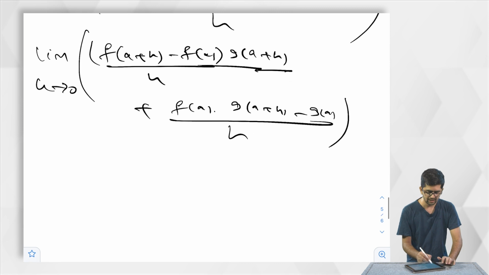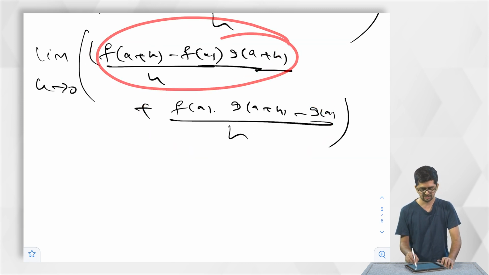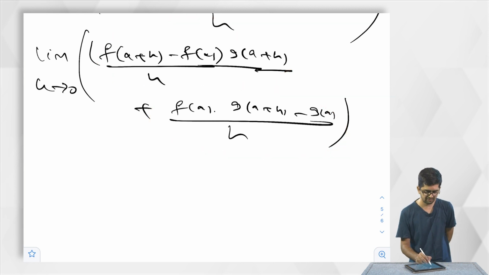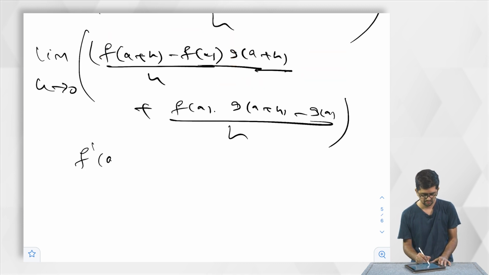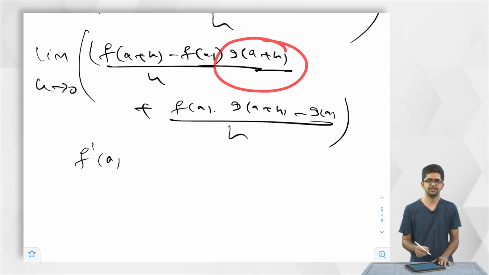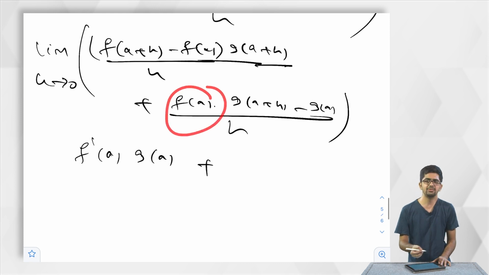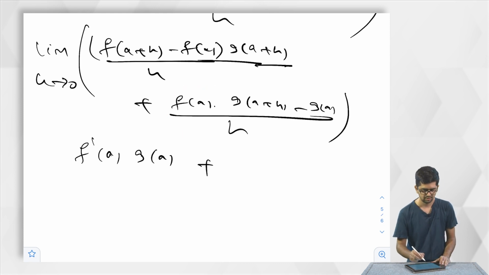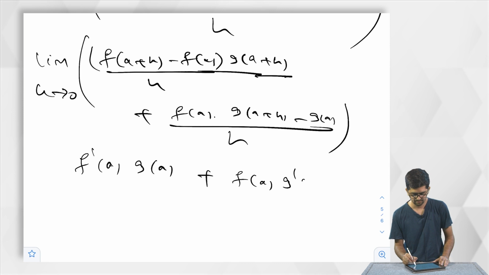So limit of this plus this is equal to limit of this function plus limit of this function. As I said, what is limit of this function? Limit of this times limit of this. Limit of this is f dash of a, limit of this as h goes to 0 is g of a, plus there is no limit here, that is just a constant, so I am just writing it as it is, f of a, limit of h goes to 0, this is g dash of a.